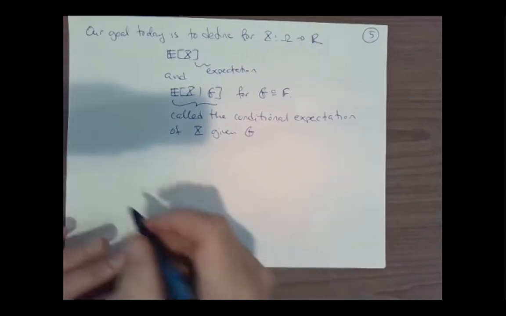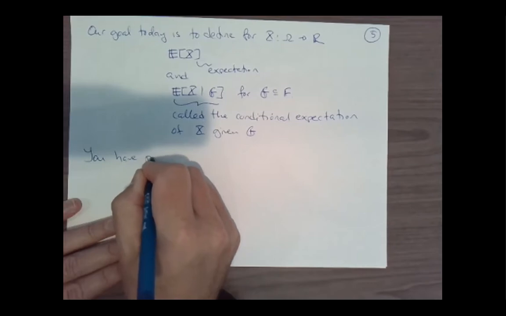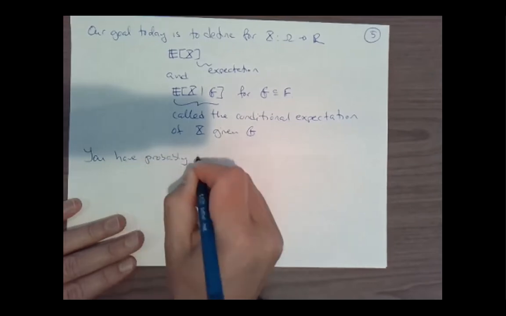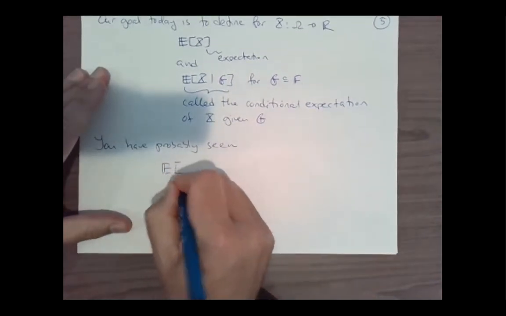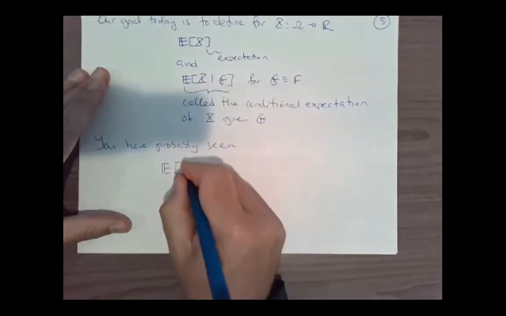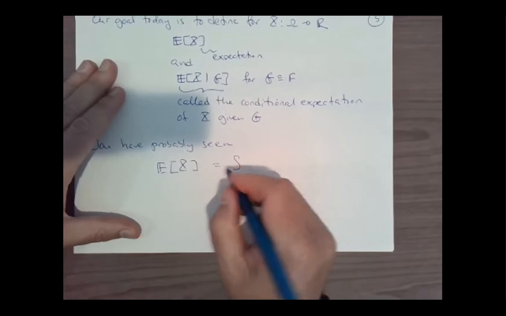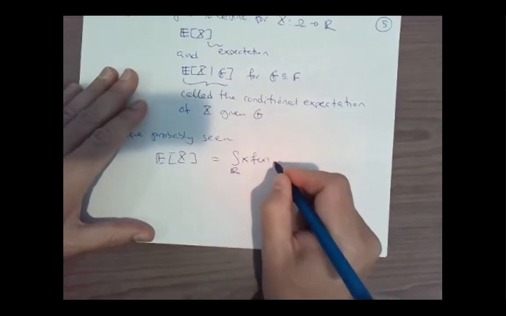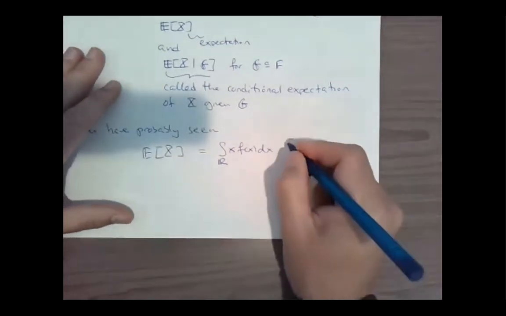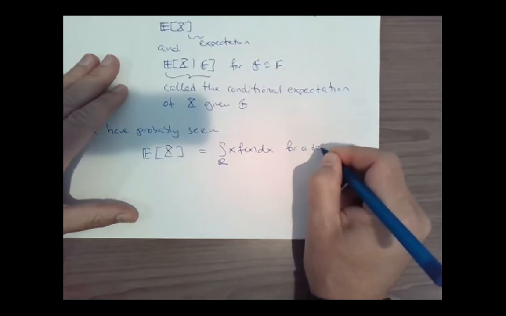So you've probably seen that if I am to compute an expectation of this form, I would write this as an integral over the codomain of X, and then maybe you put in a density m of x dx for a density.